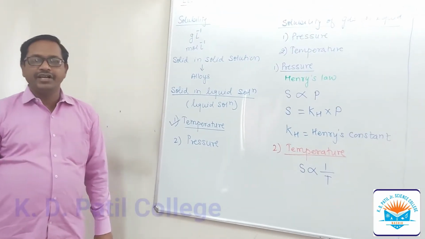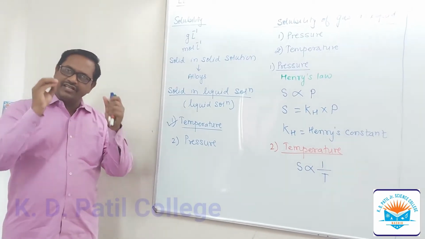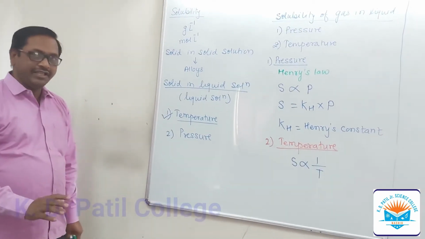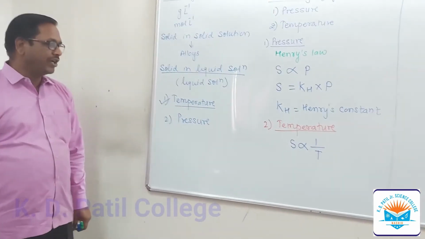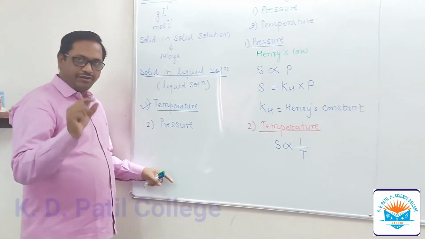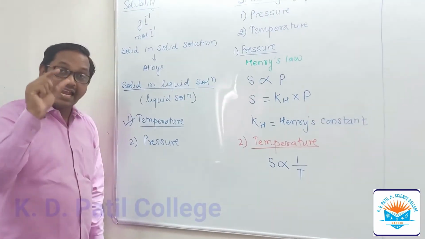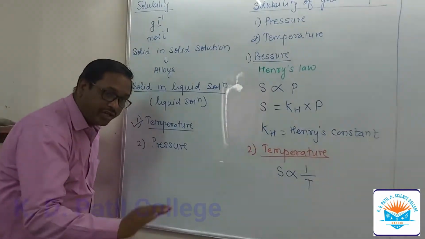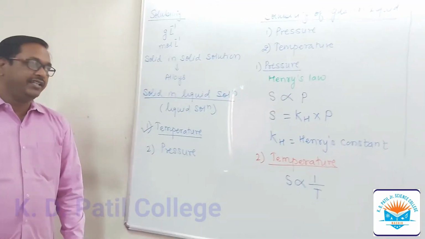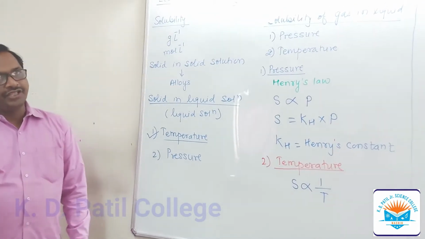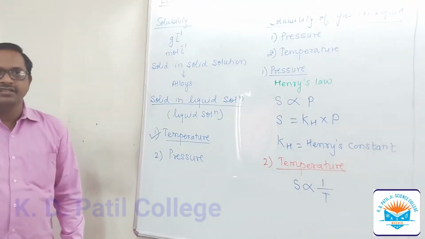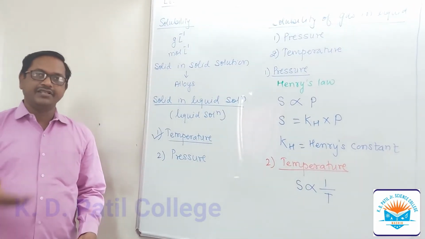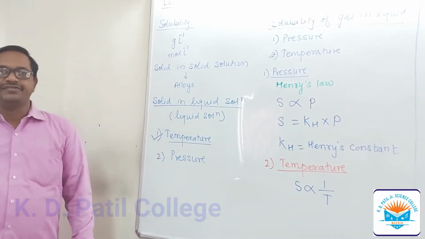Now remember, during the summer season, aquatic animals are always found in the lower level of the sea. Why does this happen? Because during the summer season, the temperature is very high at the surface of the sea.